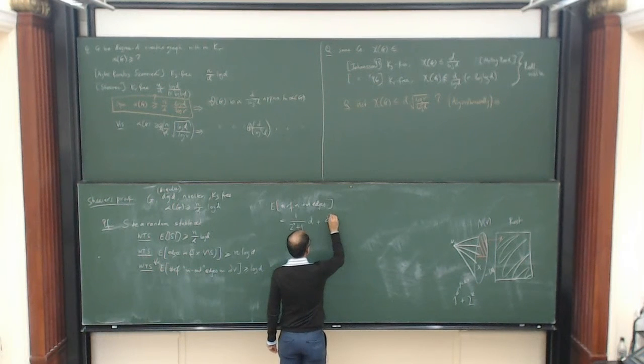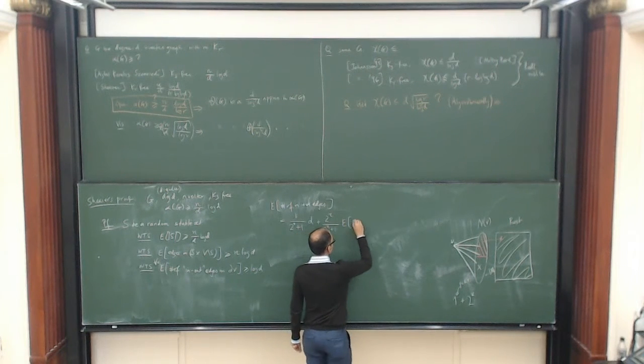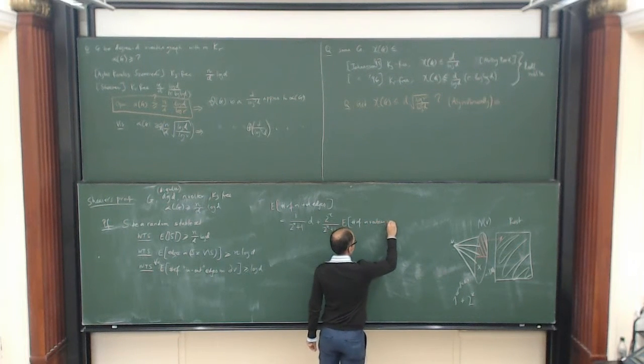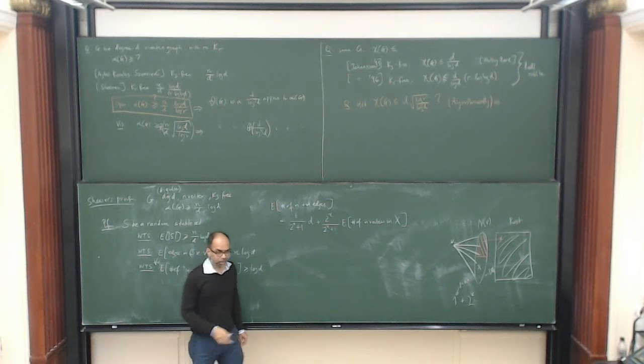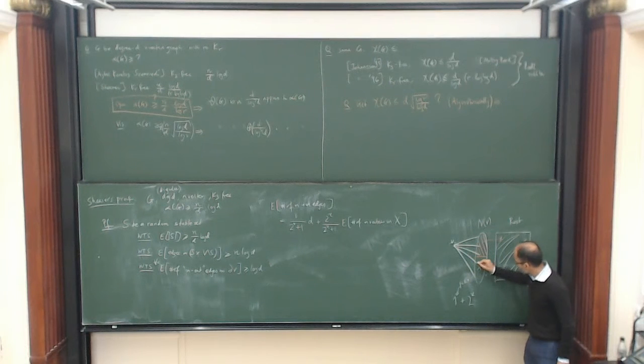Plus, with the remaining probability, it will be the expected number of in vertices in X, right? Because otherwise, if I didn't pick V, how am I going to get an in-out edge? I better pick this endpoint. Fair enough?